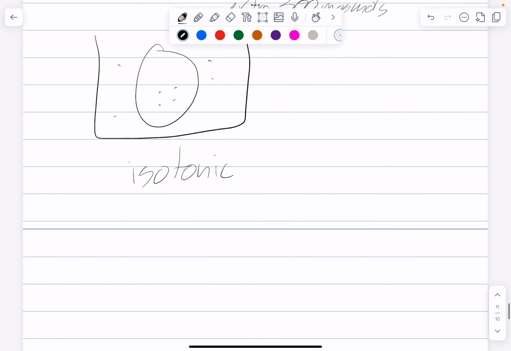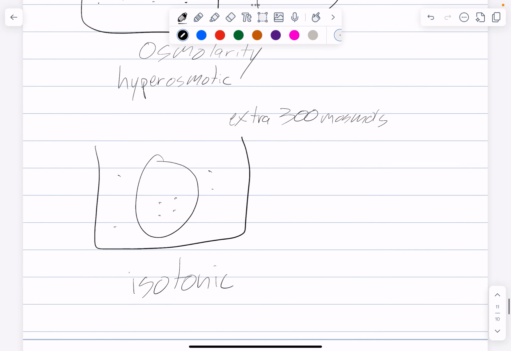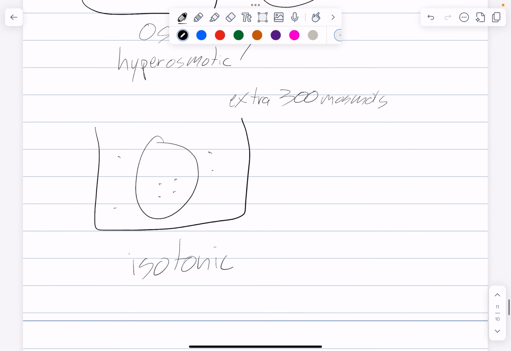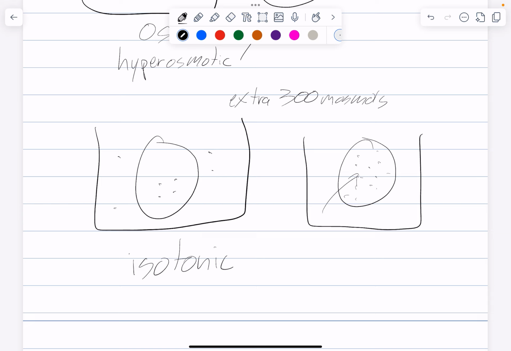When a cell is swelling in an environment, say there's more particles inside the cell and less on the outside, that is a hypotonic environment.